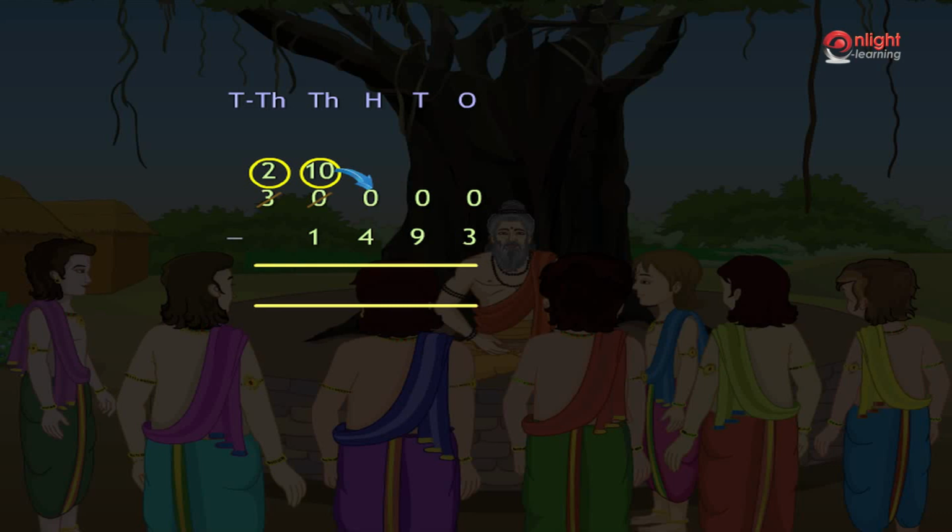Now regrouping in thousands place, 10 thousands becomes 9 thousands by giving 1,000 to hundreds place. And in hundreds place, we get 10 hundreds.